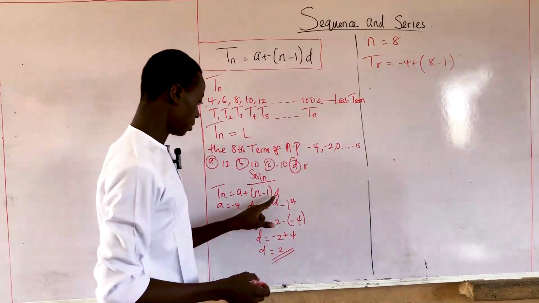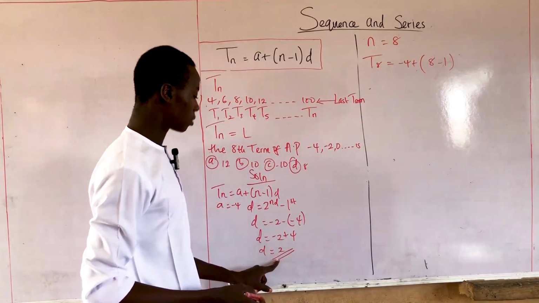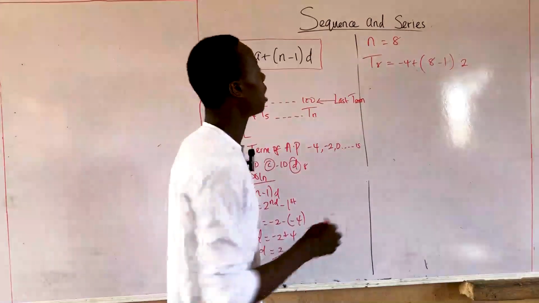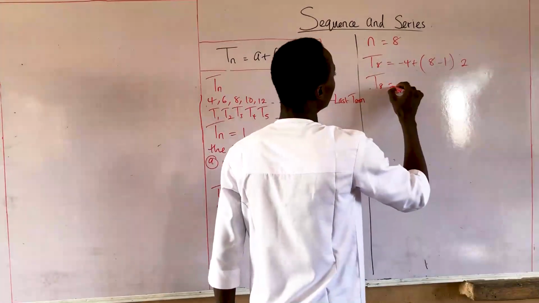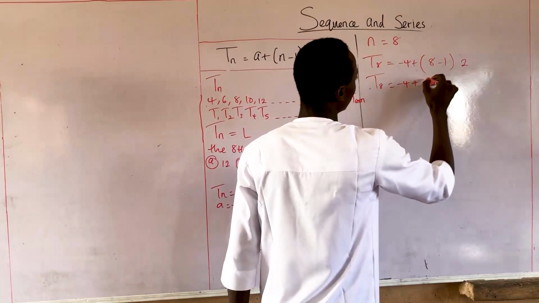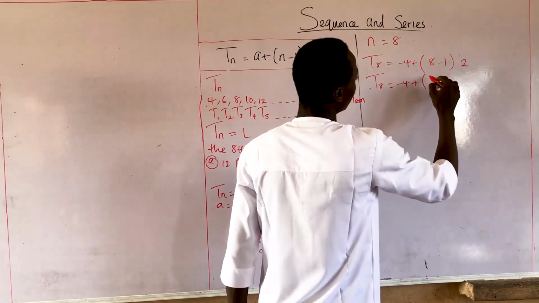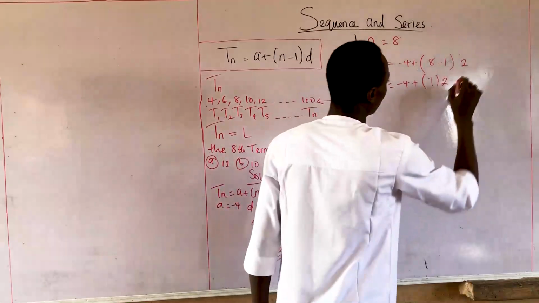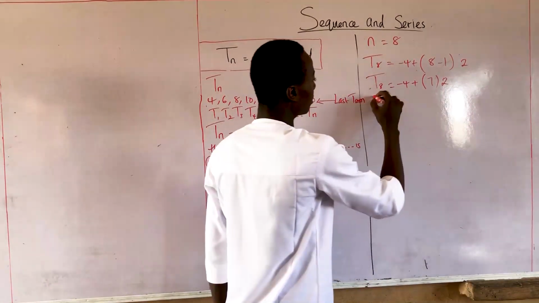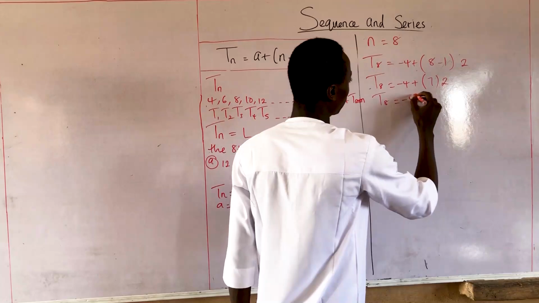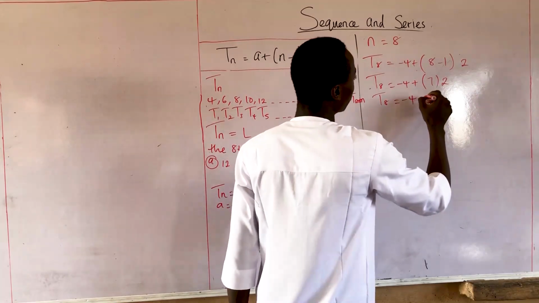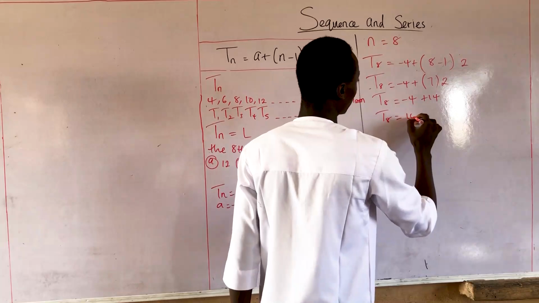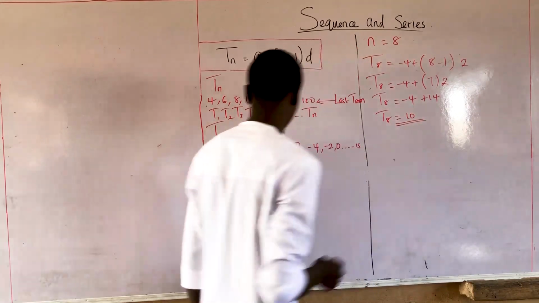What is our d? Our d is 2, right? From here we have T8 is equal to minus 4 plus 8 minus 1 is 7. We are going to expand the bracket first. Remember BODMAS. Close bracket 2. T8 is equal to minus 4. 2 times 7 is what? 14. Plus 14. T8 is equal to 10. So our eighth term is 10.